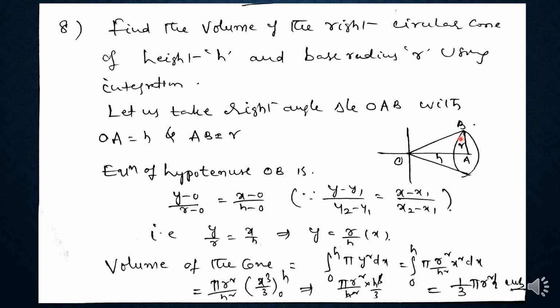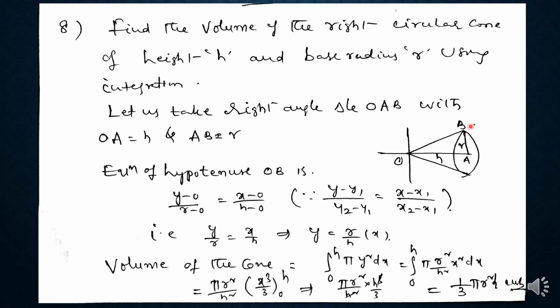Now the equation of the hypotenuse OB: write the equation of the line as y minus y1 is equal to (y2 minus y1) by (x2 minus x1) into (x minus x1). Here O is 0 comma 0, x1 y1 is the origin, and the other point is h comma r.